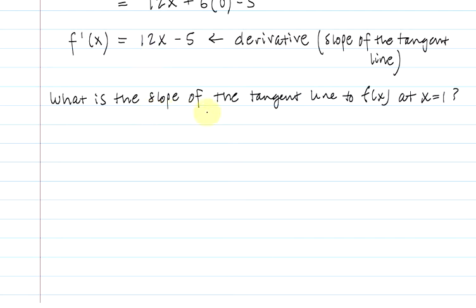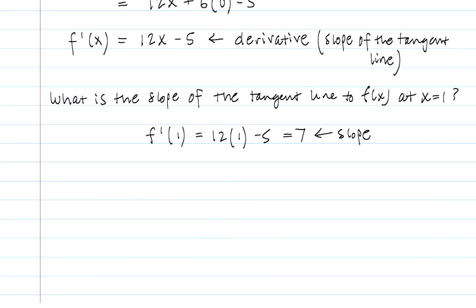We can find the slope of the tangent line to the curve at x equals 1 by just allowing x to be 1. So the derivative at 1, the slope of the tangent line at the point x equals 1, would be 12 times 1 minus 5, which is equal to 7. So that would be the actual numerical slope of the tangent line.